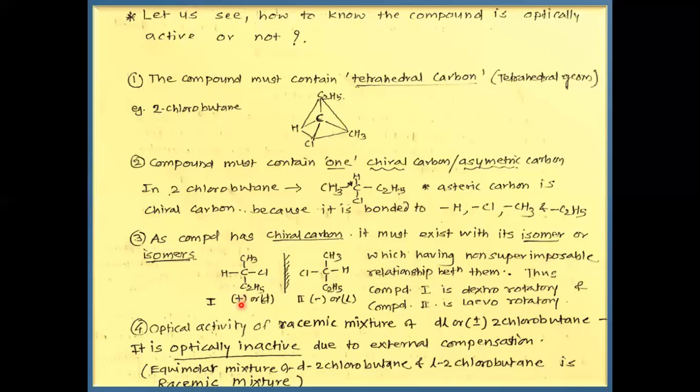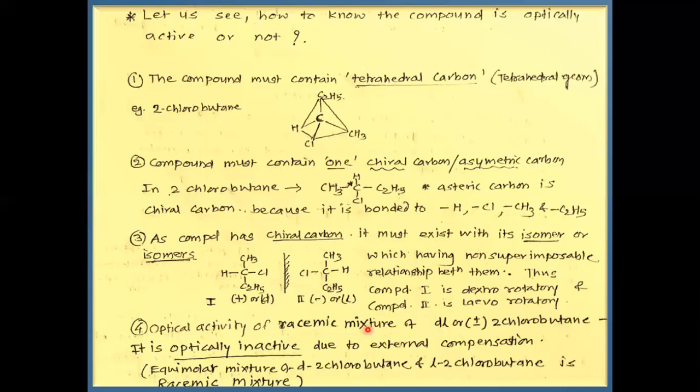If this rotates PPL in the clockwise direction, it is dextrorotatory. Then obviously, its mirror image rotates the PPL in the anti-clockwise direction. So this is dextrorotatory, and its non-superimposable mirror image is levorotatory.